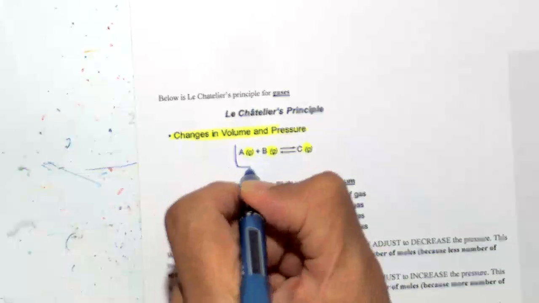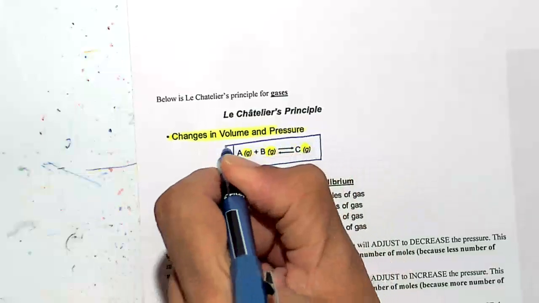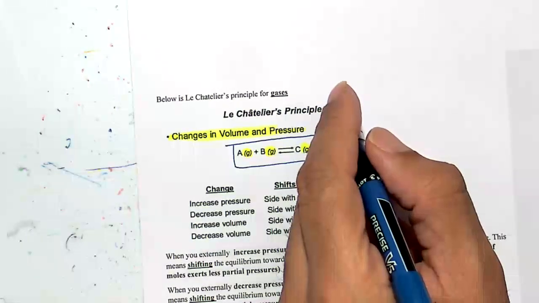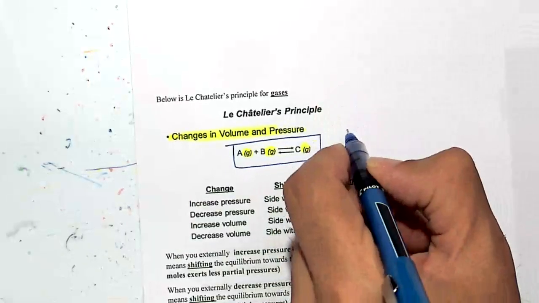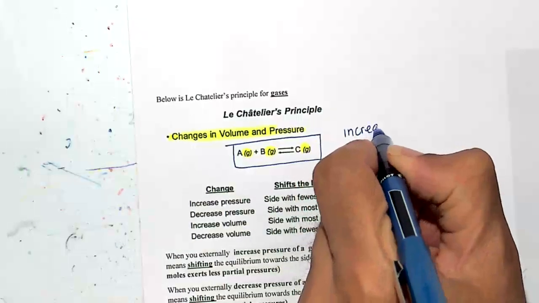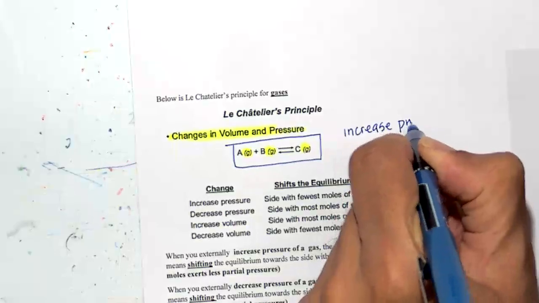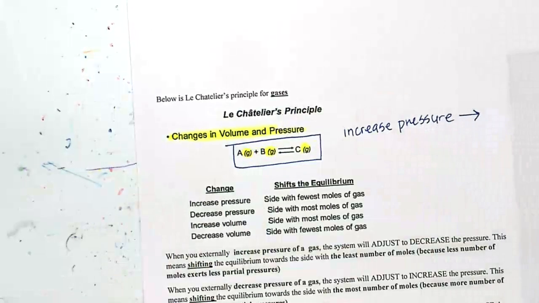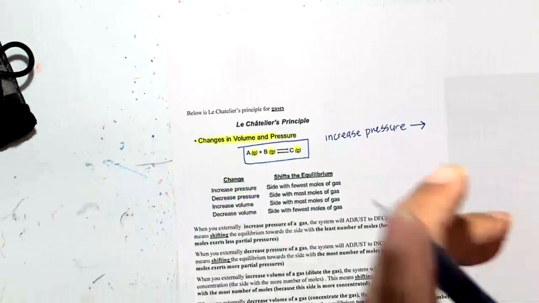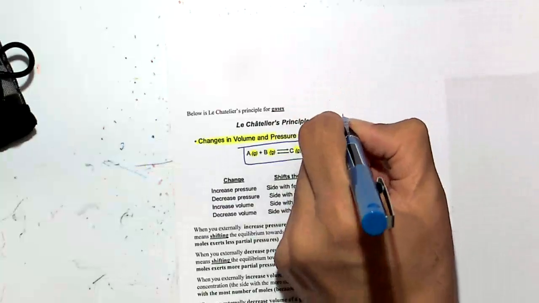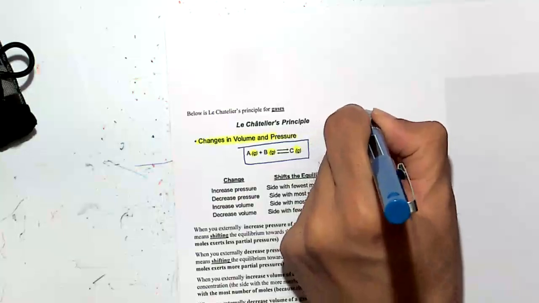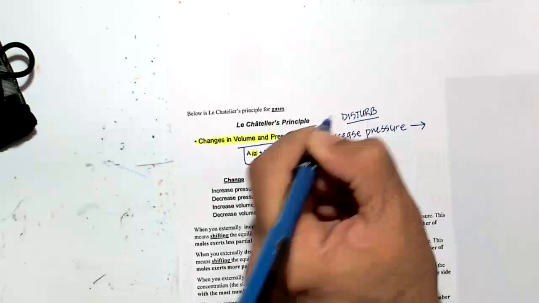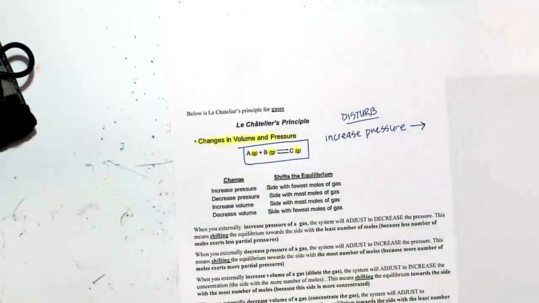All right, look at this equation here. I am going to increase the pressure of this reaction. So this is the disturbance, this is what we do to the equilibrium.